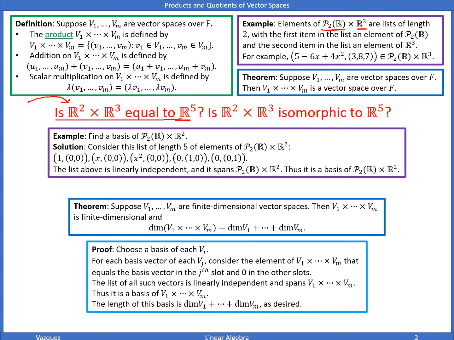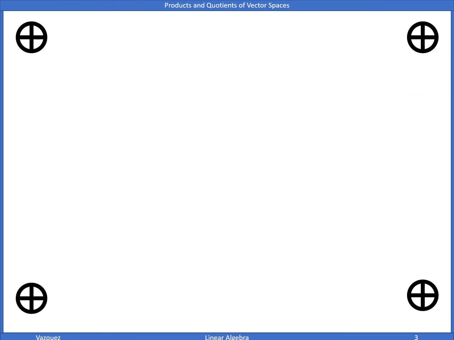So next we're going to be looking at products and direct sums. If you don't remember direct sums, we looked at that, I believe it was chapter 1, I can't even remember now, or chapter 2, early on in the lectures.